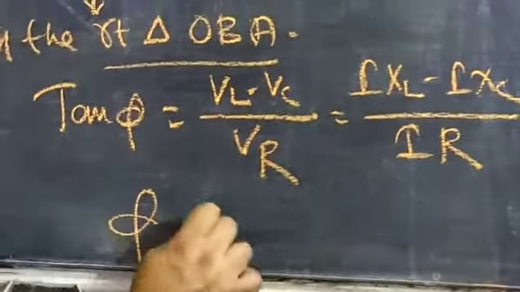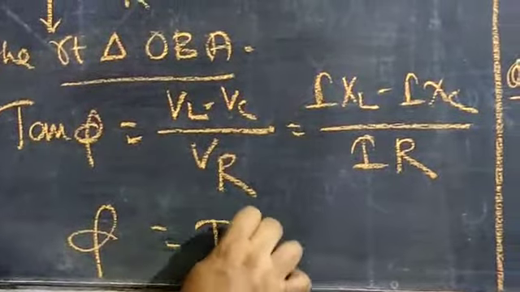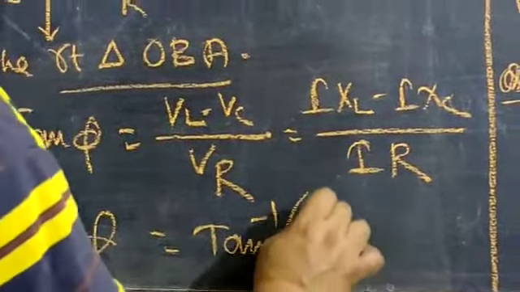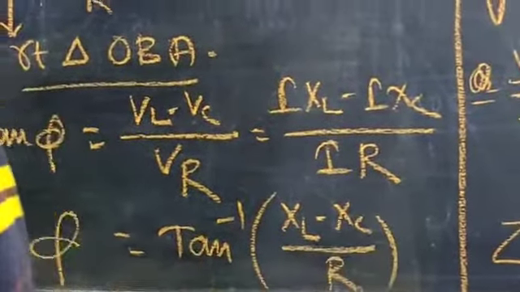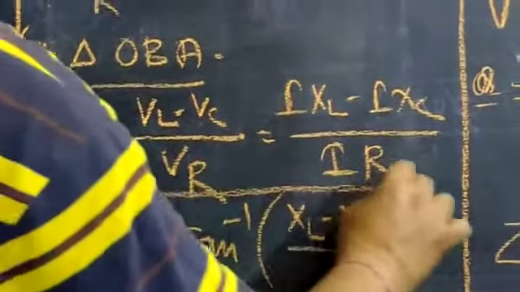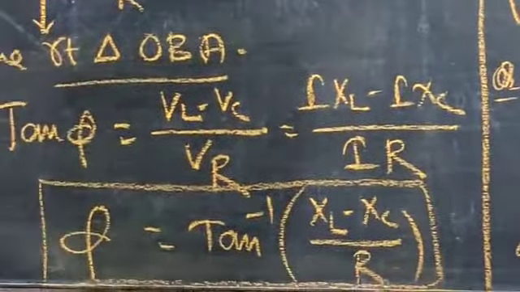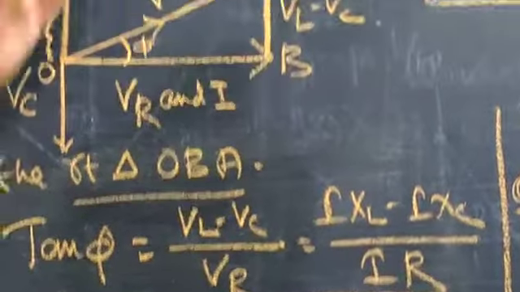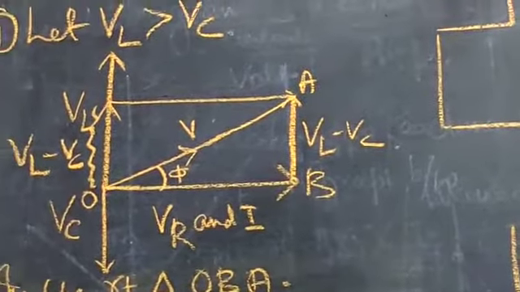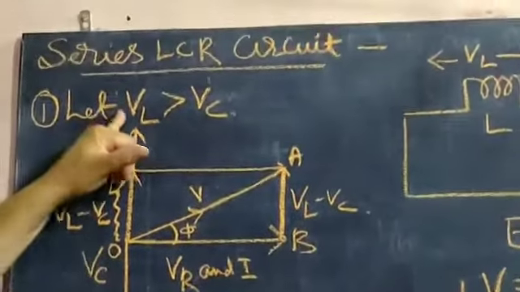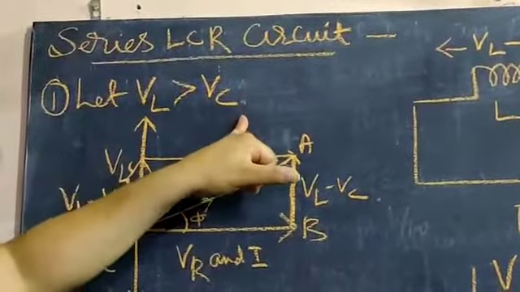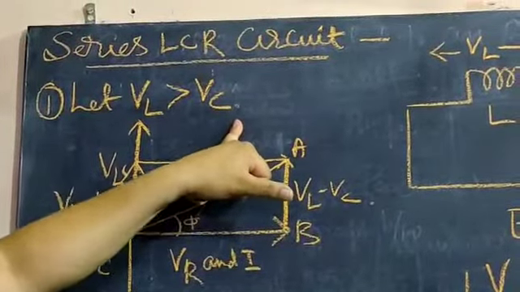So phi is equivalent to tan inverse of (XL minus XC) upon R. So by this relation, we will find the angle by which voltage would be leading the current in this series LCR circuit when voltage across inductor is greater than voltage across capacitor.